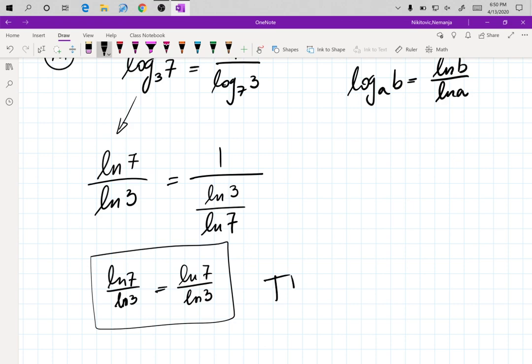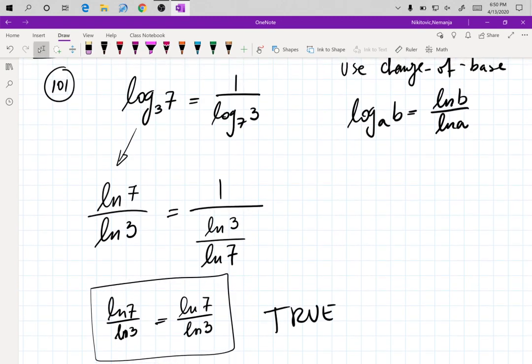So true. All I did is a change of base formula and the left side equals the right side. Woohoo! Done in one shot.